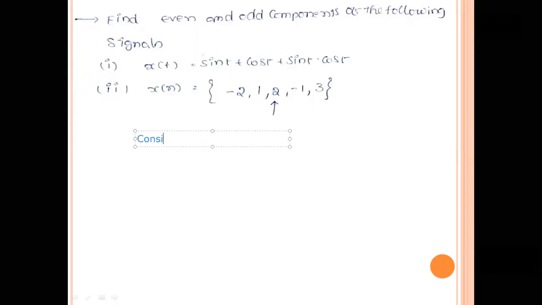Consider the given function such that it makes it easy. That is, x of t is equal to sin t plus cos t plus sin t into cos t.